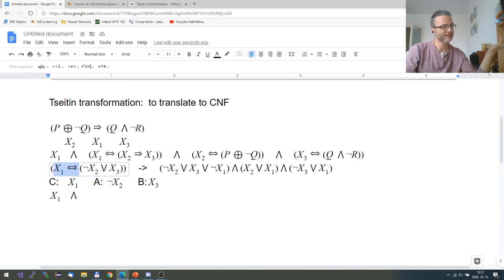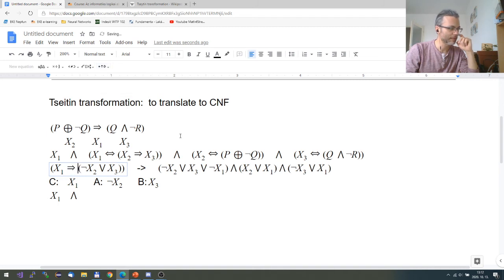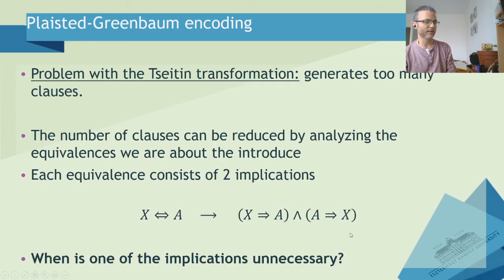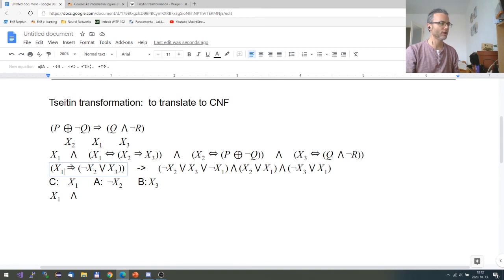Therefore, I can exchange this equivalence to this implication. If x occurs only in a positive way, I keep only the first implication, and I completely forget about the second implication, which basically means I can change this equivalence to an implication. Let me ask if you understand this. Or do you think you understand this?